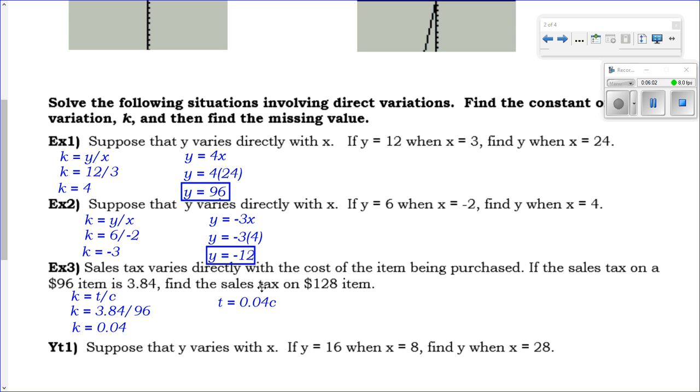And now I need to find the tax on a $128 item. So is $128 the tax price, or is it the cost of the item? That's the cost of the item. So I'm going to plug it in for c. And when I multiply that, what do I get? I get 5.12. So $5.12 is my tax.